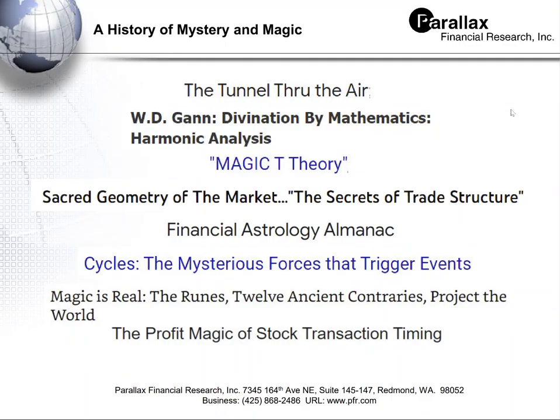So when I came into this business in the late '80s, early '90s, and started picking up books on technical analysis, all different kinds, there was no stone left unturned. But I ran into a lot of the same words, which were a bit disturbing. The word magic showed up a lot of times, and magic formula, mysterious forces that trigger events.